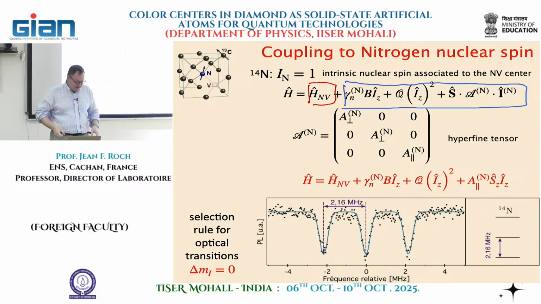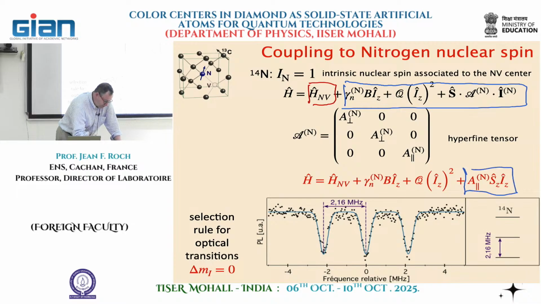So the hyperfine interaction is very, very strong. And you can show that, using the secular approximation, where you only conserve the resonant terms, the term that matters is the longitudinal coupling. So the Hamiltonian will be fixed by this.